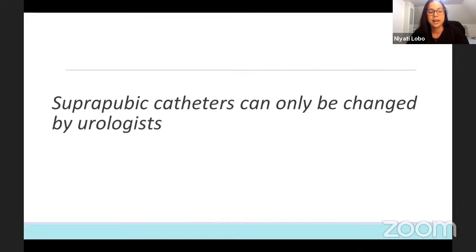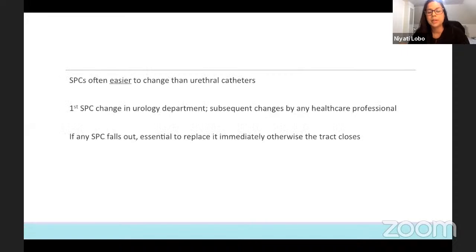Right. Another common myth: suprapubic catheters can only be changed by urologists. Suprapubic catheters are often easier to change than urethral catheters because you're literally going straight down the suprapubic tract into the bladder. You don't have to negotiate the urethra, you don't have to negotiate the prostate.